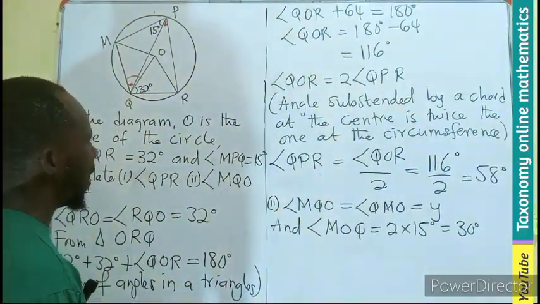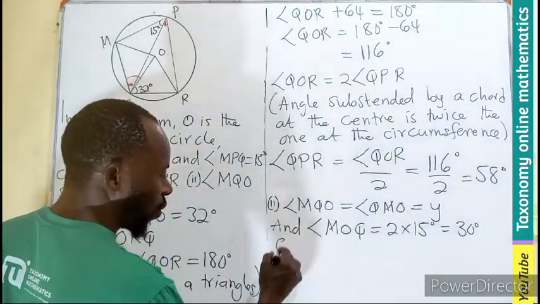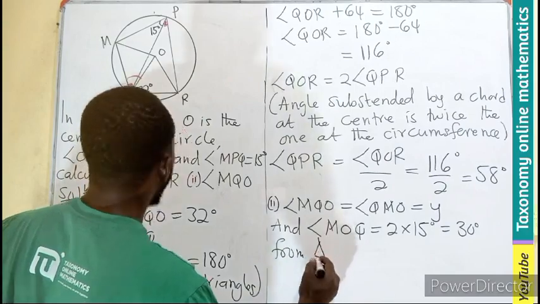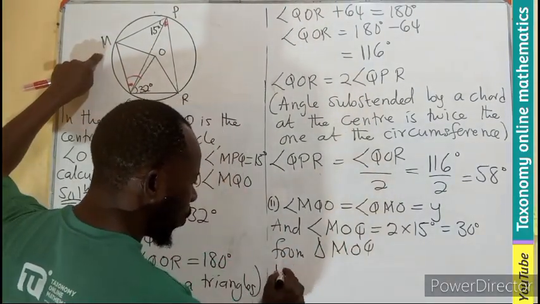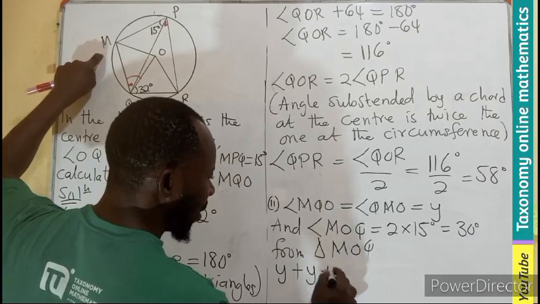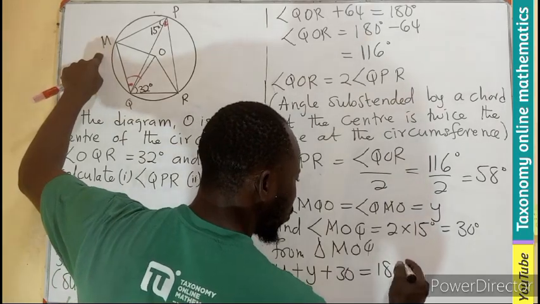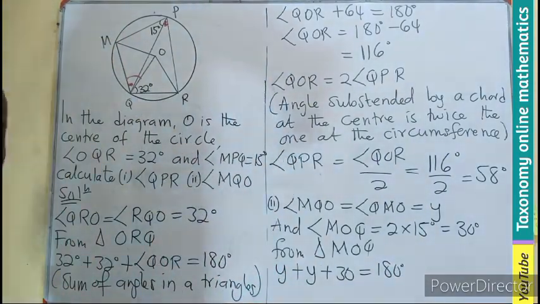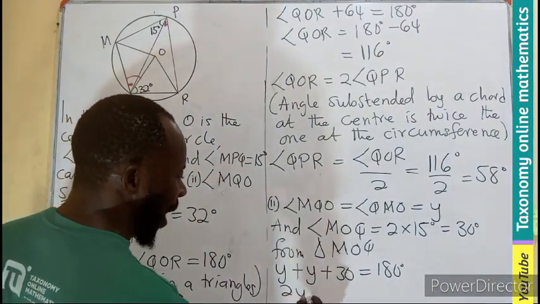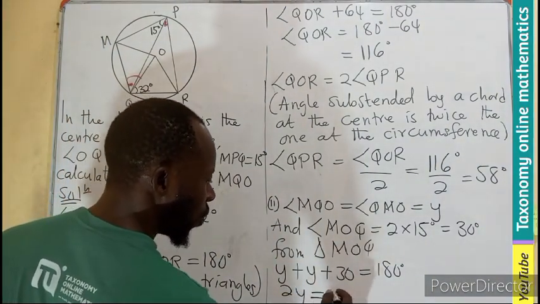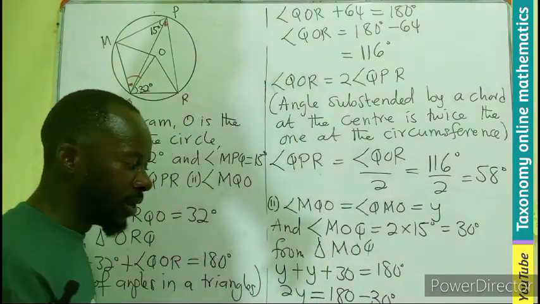That property gives rise to 2 times the one at the circumference gives us the one at the center. So we can easily see that from the triangle MOQ, y plus y plus 30 will be equal to 180, the sum of angles in a triangle. So this will be 2y equals 180 minus 30 degrees.